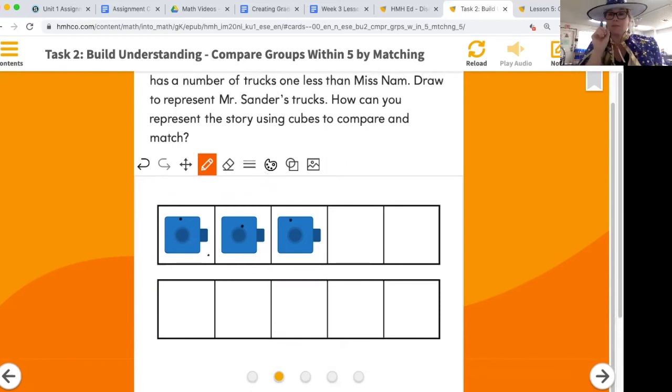So remember, Mr. Sanders has 1 less than. What is less than? Smaller. Right. So you're going to draw. And if you don't know, you can match. Remember, we use match. Like we draw lines. Yeah, you know. You got it.